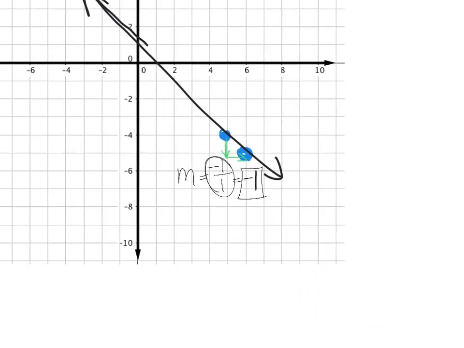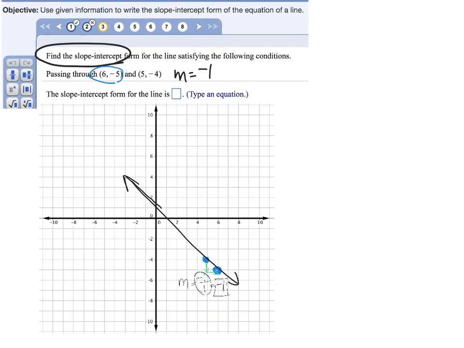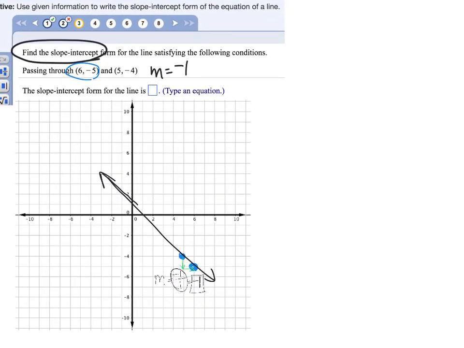So now we know what our slope is. Our slope is negative 1. And so now we have 2 different points. It doesn't matter which point we use, but we now have our slope, we now have a point, and so we're now able to use that point slope formula, which is y minus y1 equals m times x minus x1.